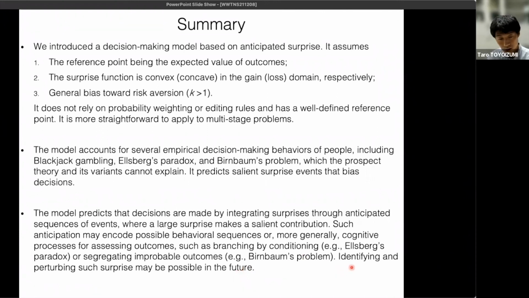And so identifying and perturbing such surprise may become possible in the future.